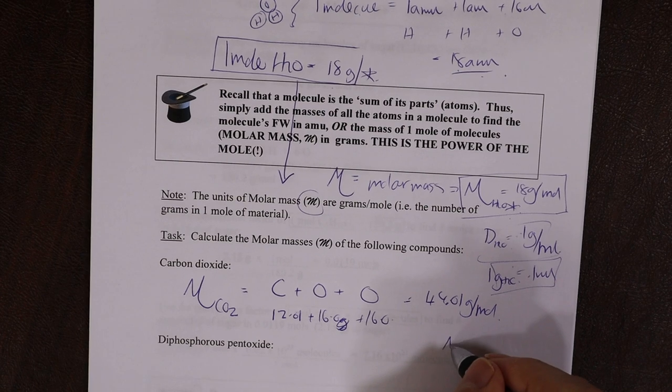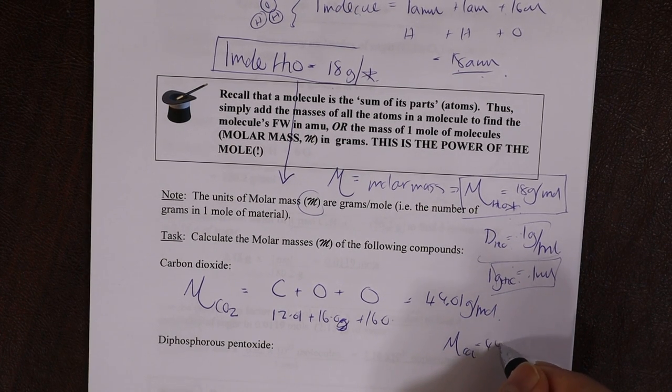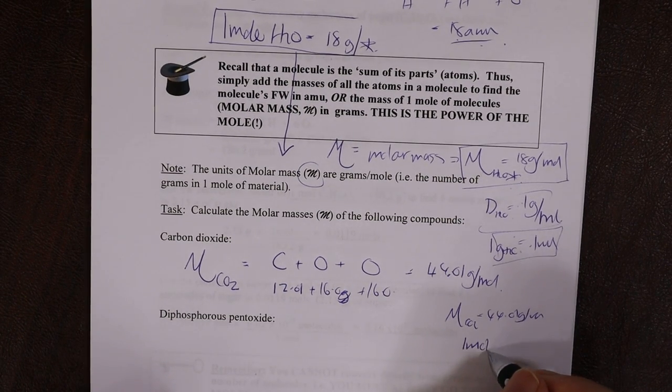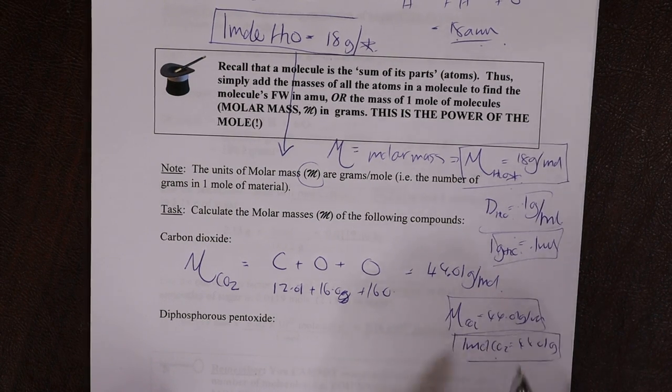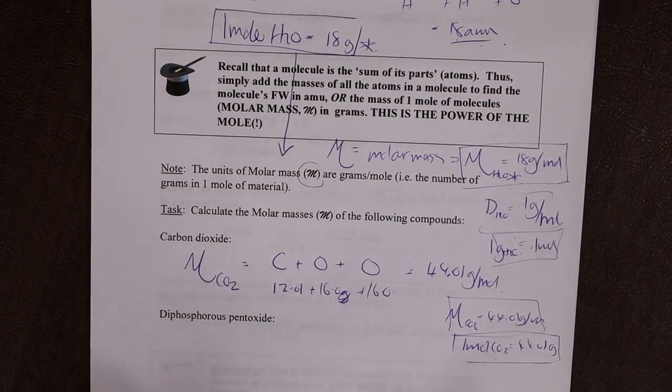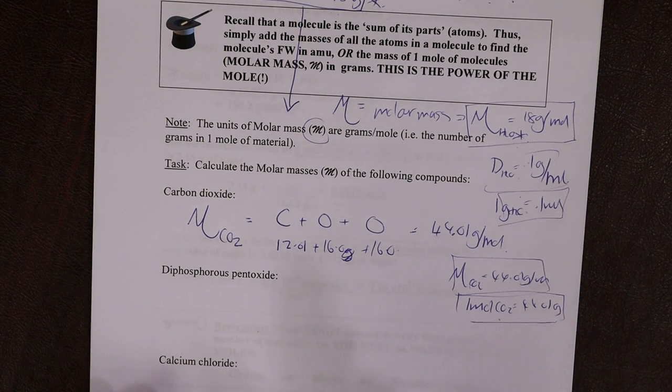You'll see that in the book. Something like that, but you can say, hey, 1 mole CO2 equals 44.01 grams. So you can write it as a conversion factor or as the more traditional identity, if you wish, or a molecular weight.